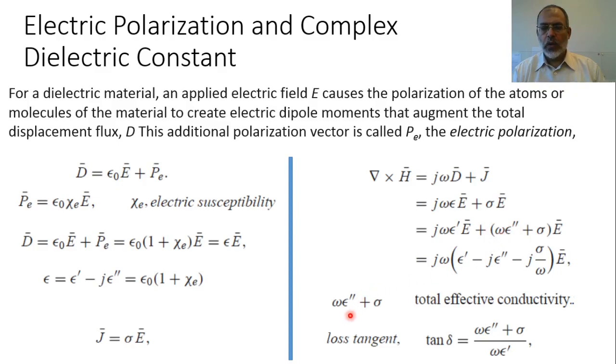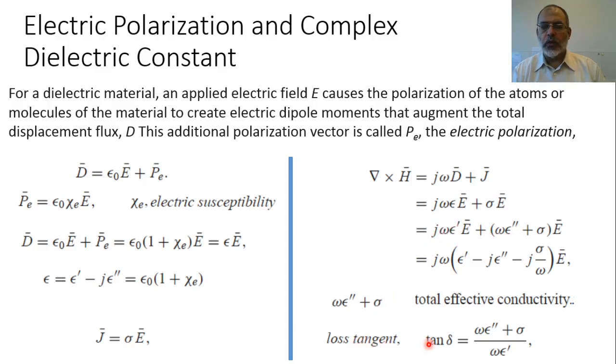So we are going to define omega epsilon double dash plus sigma as the total effective conductivity of the medium. And the ratio of the conduction current to the displacement current will be defined as the loss tangent.